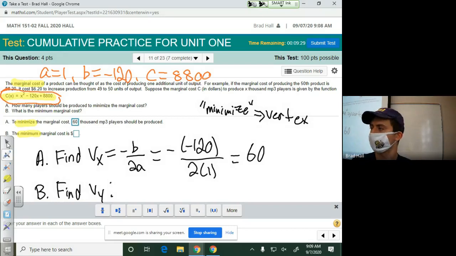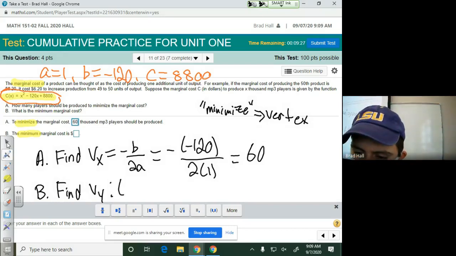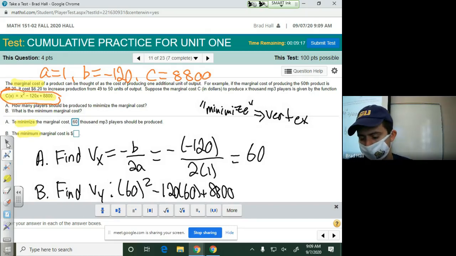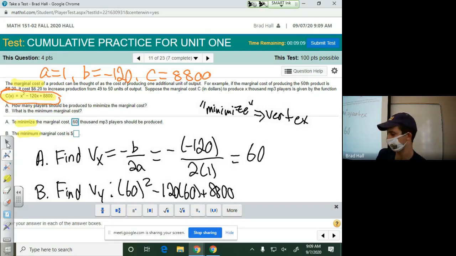Which means we plug in the x coordinate. There it is.